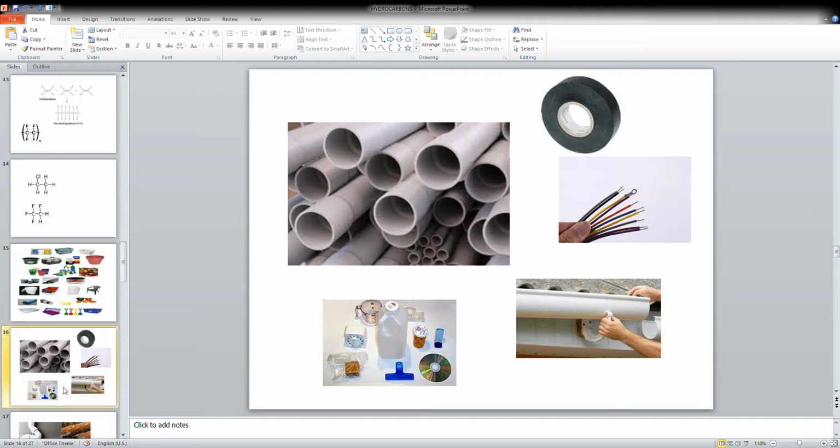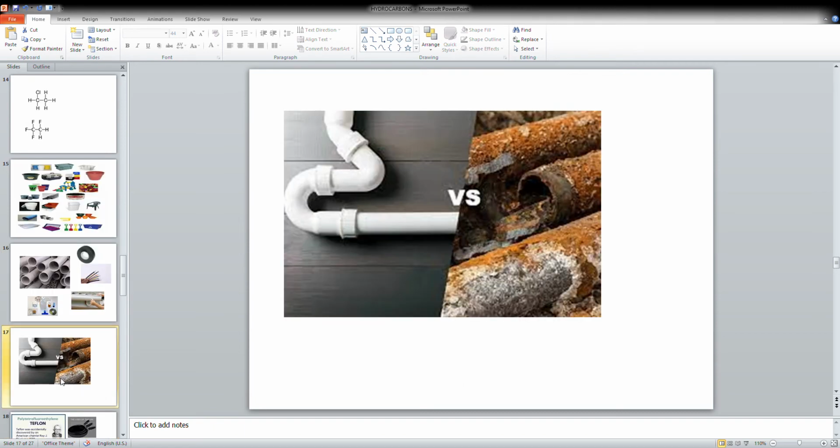Next, I want to highlight one point here: the PVC tubes and these kinds of iron tubes. In day-to-day activities, on a large scale we use PVC ones rather than these iron tubes and iron cables. Why? There's a reason. Initially, in the past, we used iron on a large scale.